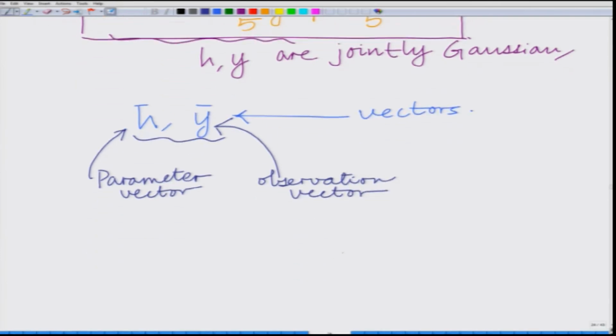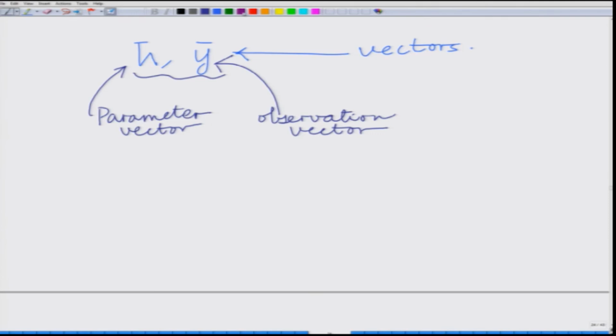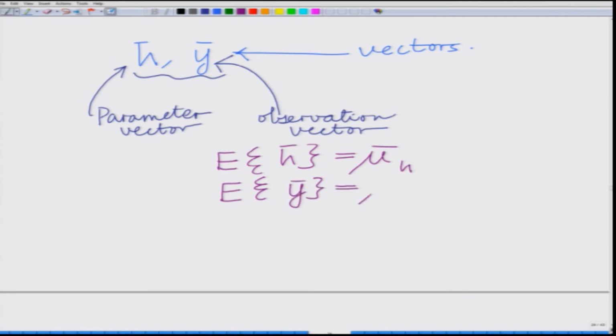Now you can relatively easily extend this by observing the following. First, let us say that the mean of h bar equals mu h bar. Since they are vectors, the means of both the parameter h bar and the observation y bar are also going to be vectors.